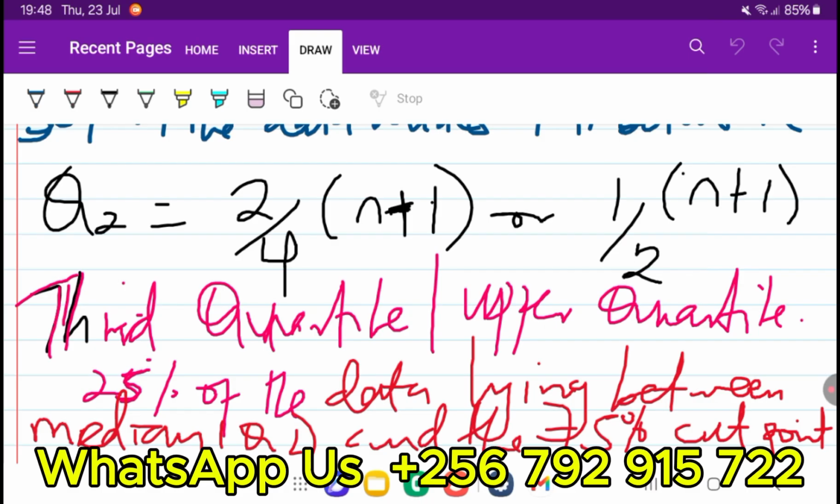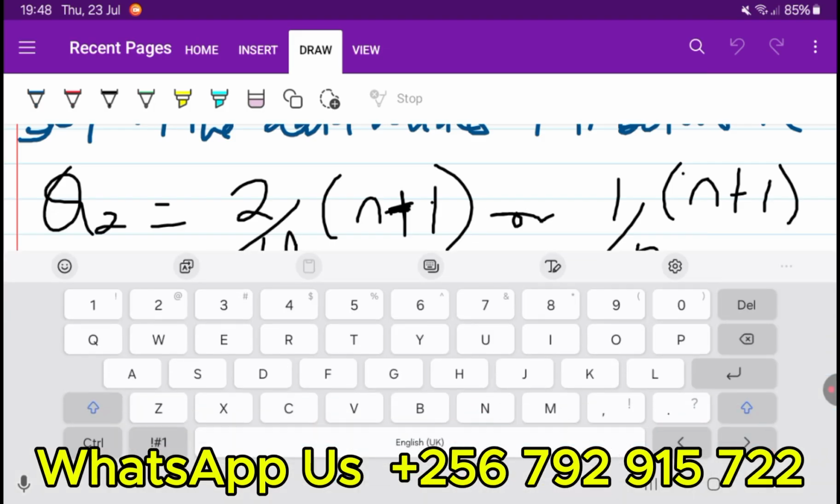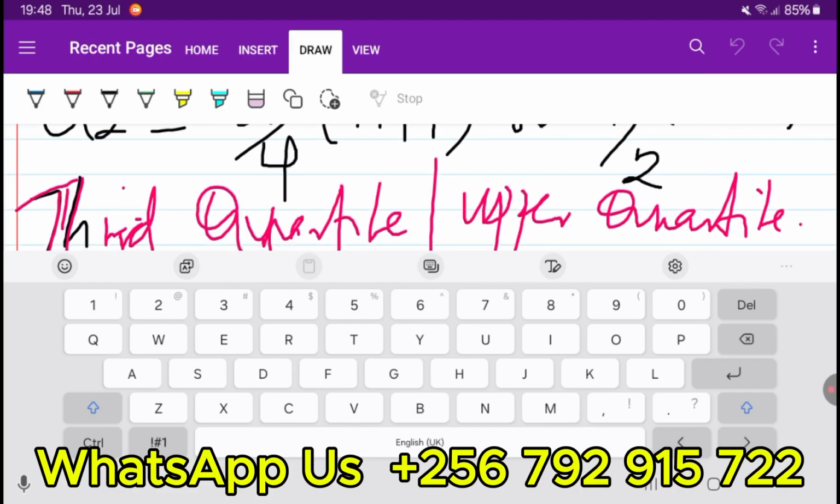So the Q3, or the upper quartile, divides the upper half of the data set. Remember, the Q1 was dividing the lower half. Now this one is dividing the upper half of the data set into a half. So this is the third quartile.